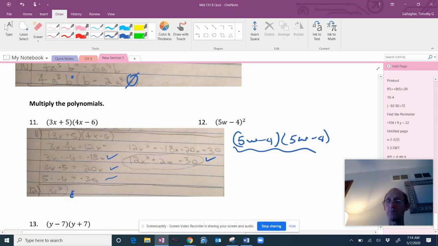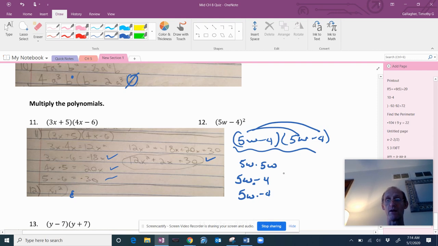Okay, so you can distribute like you did before. I like the way you substituted 5w times 5w. I like the way you lined them up. And then you're going to do 5w times negative 4, and then 5w times negative 4 again. And then your last term is going to be negative 4 times negative 4.